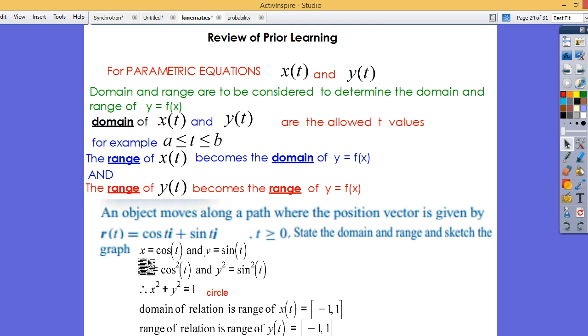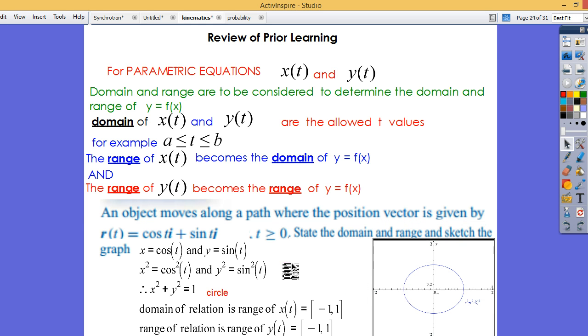So x of t ranges from -1 to +1. And the range of this relation, the allowed y values, is the range of y parametric equation, which again ranges from -1 to +1. And we get a nice circle with a radius 1. Okay?